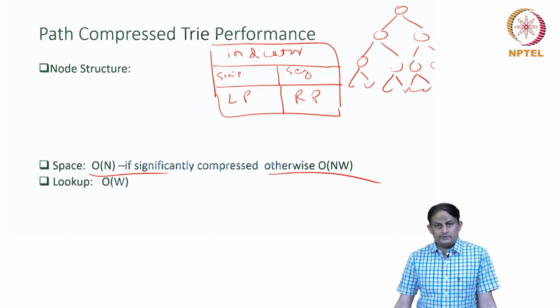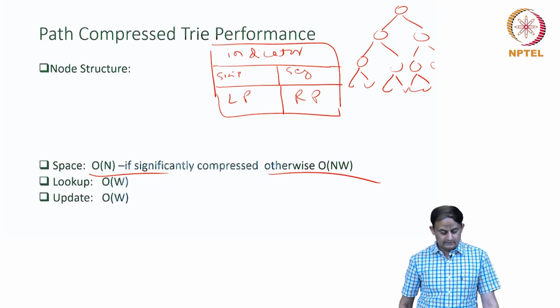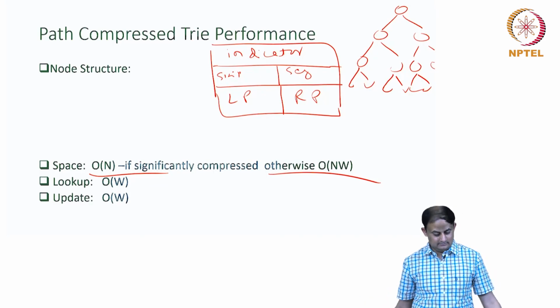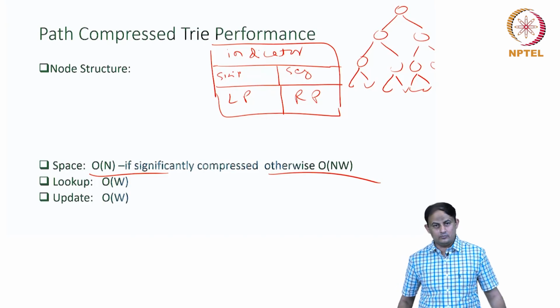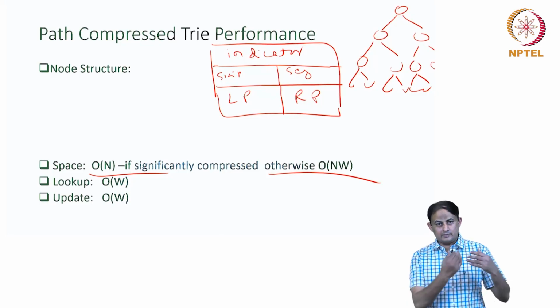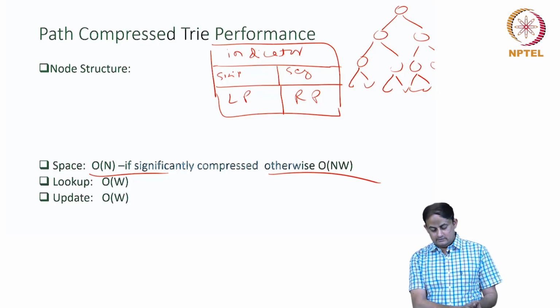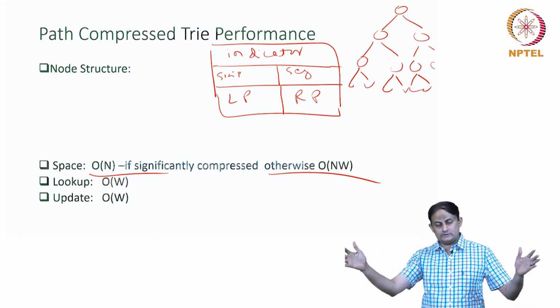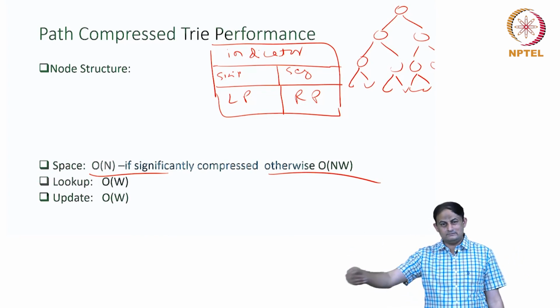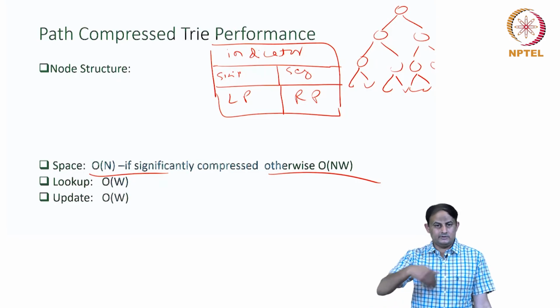And the lookup in the worst case still takes order of w, where w is the width of the longest prefix that you have in the routing table, and the update time still takes order of w time, when the new prefix is just an extension of the longest prefix that we have. Let us say in the previous case the prefix length is 7, and the new prefix is just an extension of these 7 bits.